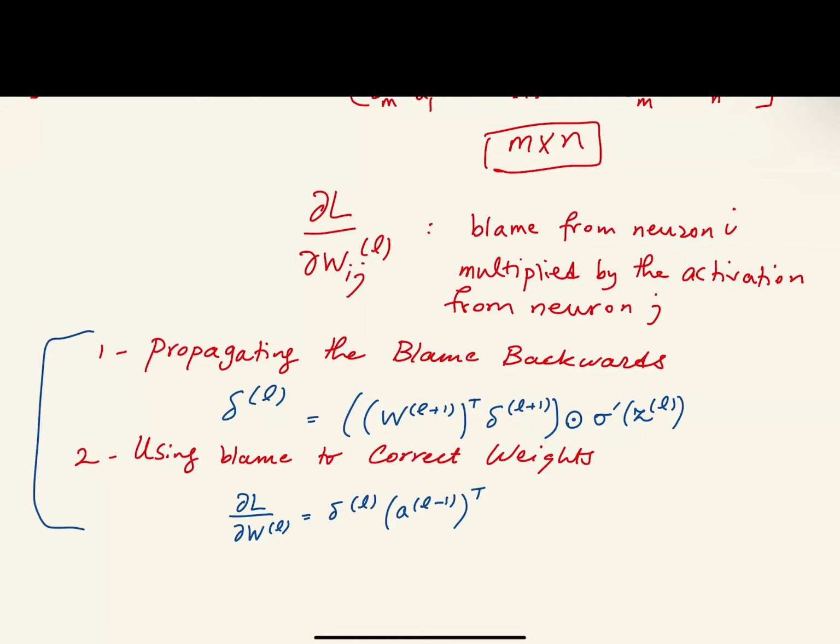These two equations describe the learning process for a simple network with a handful of neurons, and also the same equations describe the learning for a massive foundation model with billions of parameters. Like I said, the logic of propagating this blame remains identical. Only the sizes of the matrices really change.